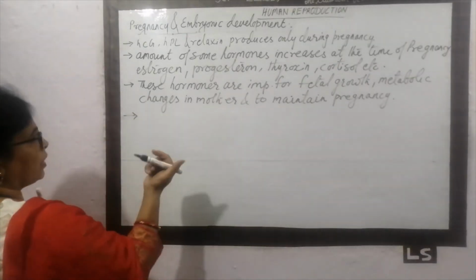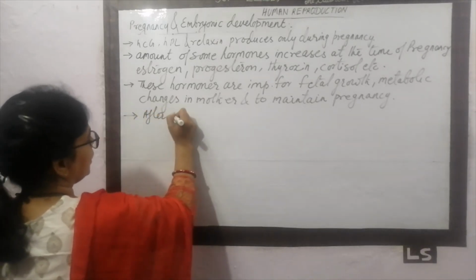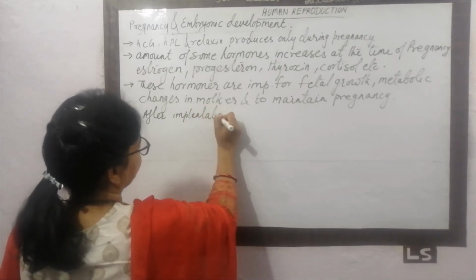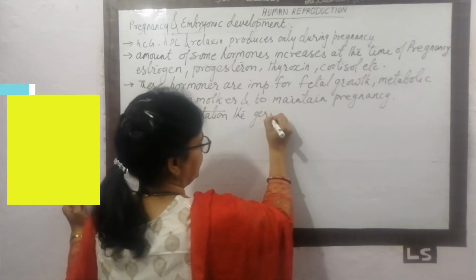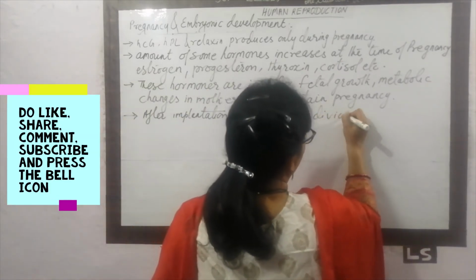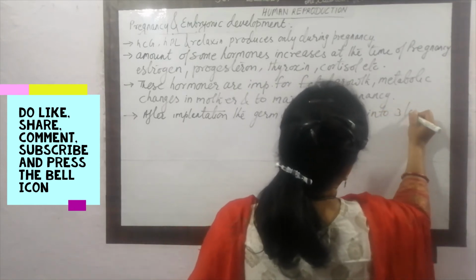So what after implantation? After implantation, the germ cells divide into three layers.